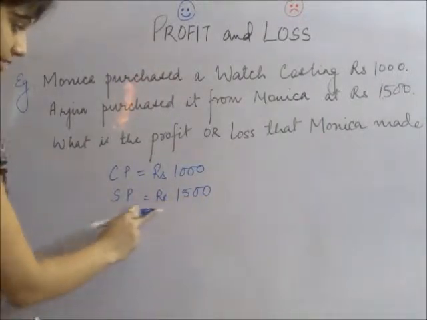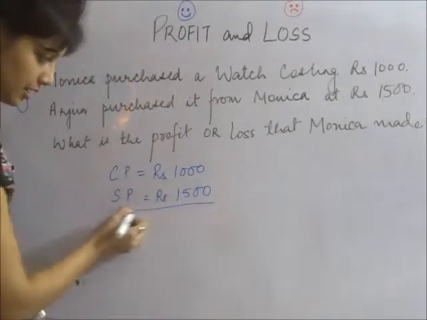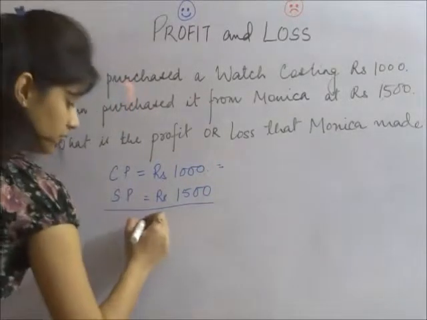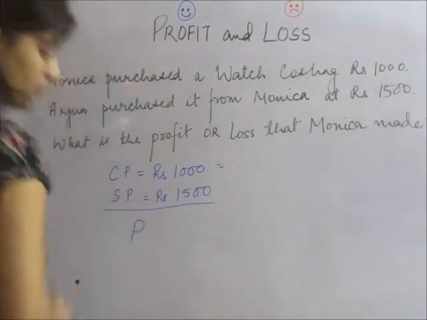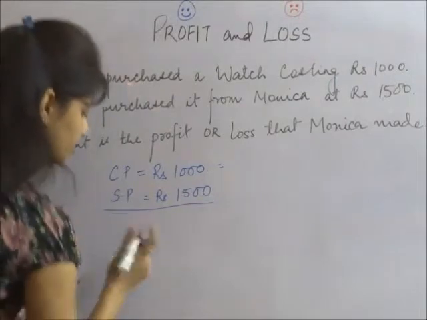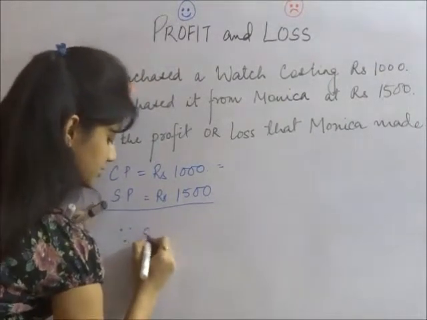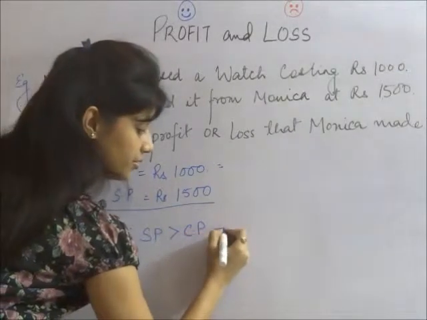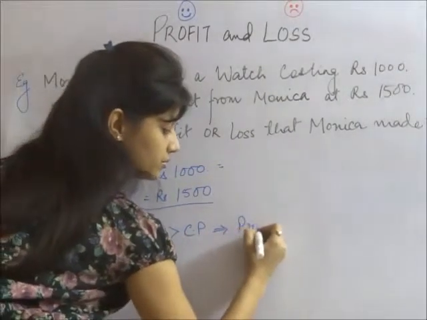Since selling price is greater than the cost price, we are sure that we made a profit. So we would write it down, since selling price is greater than the cost price, there is a profit.